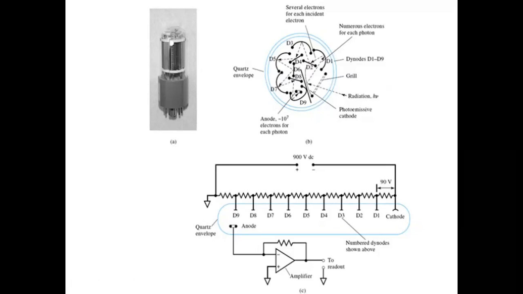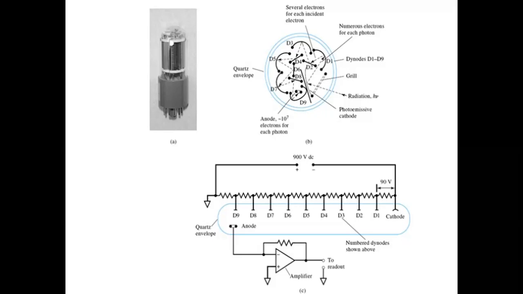Now think about the name. Photo means it involves a photon. Multiplier tube. So a single photon gives a multiplication of electrons, several thousands of electrons, nearly 10 to the power 7. So it multiplies the signal.